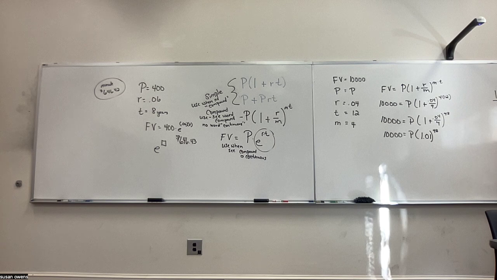Well, now I've got 1 over P, so how am I going to get P? You multiply it under P on both sides. Okay, so then I've got 1 is equal to 1.01 to the 48 over 10,000 times P.